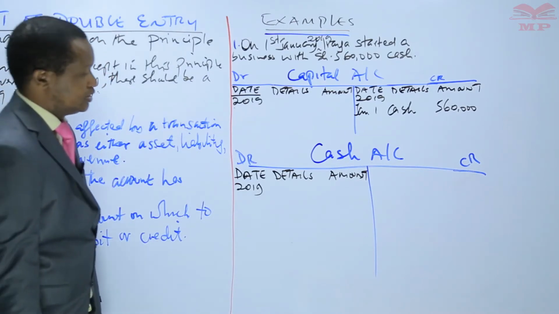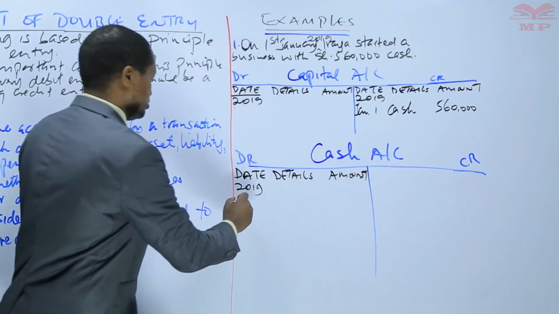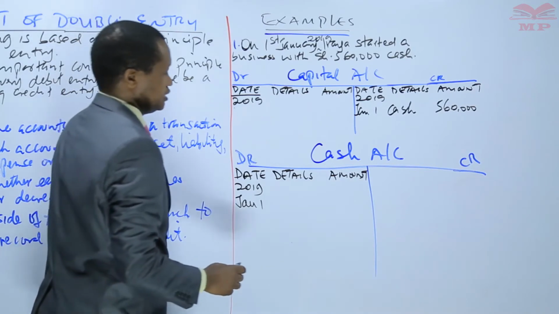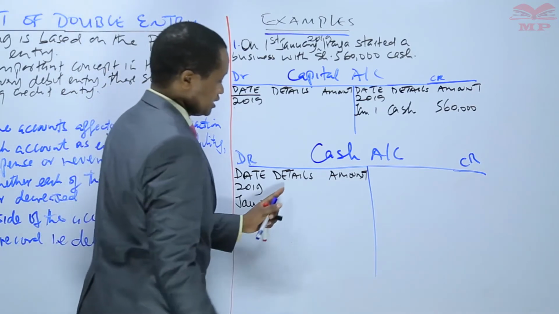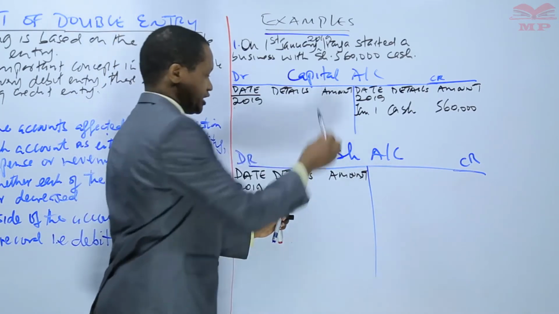We will indicate the same date, January 1. Under details we record the capital account.